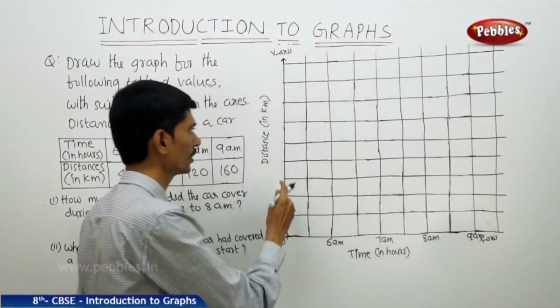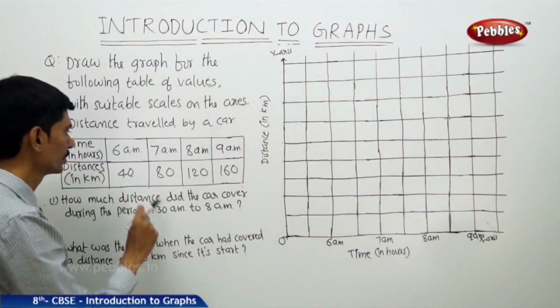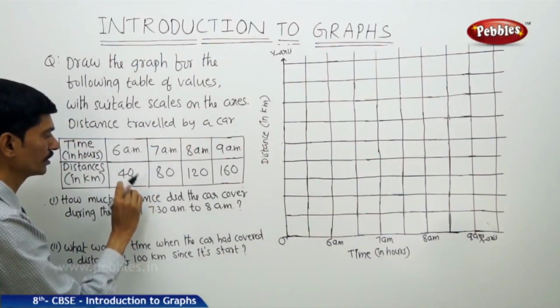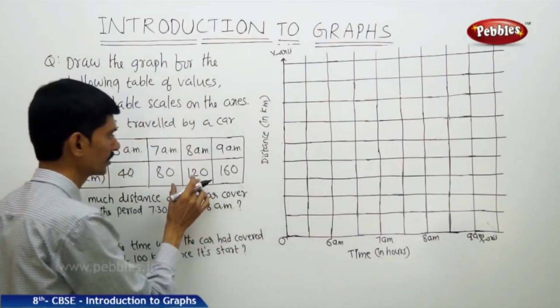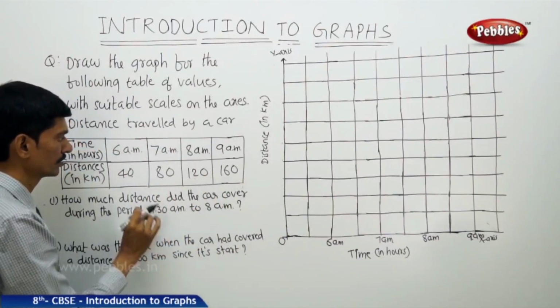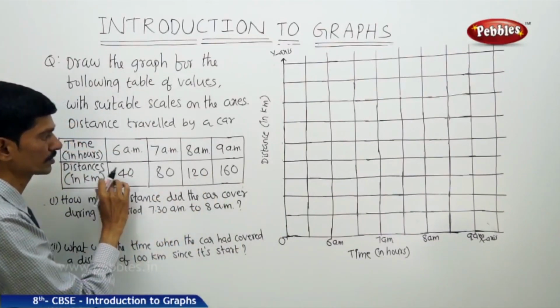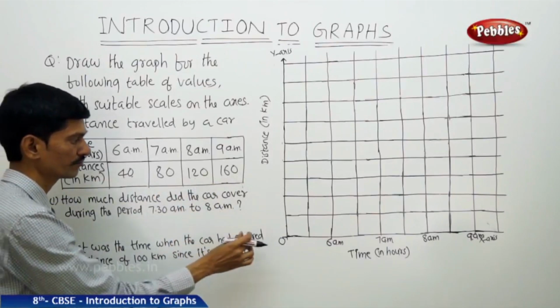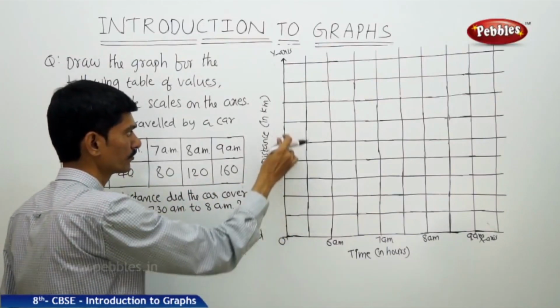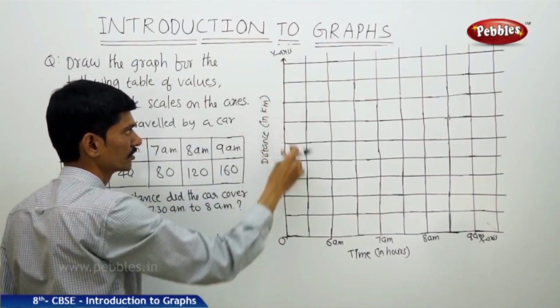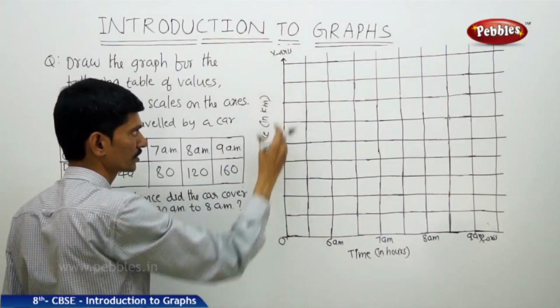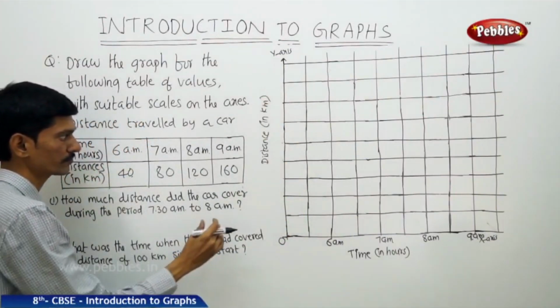On the vertical axis, the y-axis, you will take the multiples of 20, because the largest value in the table is 160. So the maximum distance covered by the car is 160. If you take the multiples of 10, we have to take 16 units, but there are no 16 units. So we will take the multiples of 20.